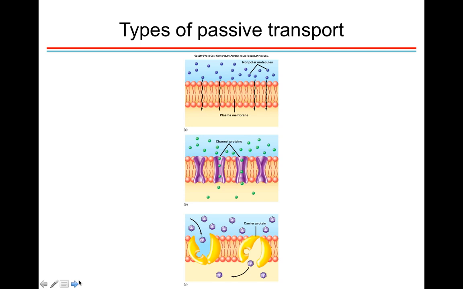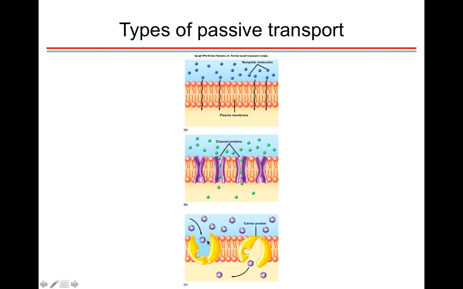So let's take a closer look at some of the mechanisms of passive transport. In A, over here, we have some nonpolar molecules, and these nonpolar molecules can freely diffuse across the membrane following simple diffusion. Likewise, if we have channel proteins that allow, for example, ions to be crossing the membrane, these ions will be moving across the membrane via simple diffusion from a higher concentration to a lower concentration in this mechanism to obtain equilibrium in the concentration of this molecule on both sides of the membrane.